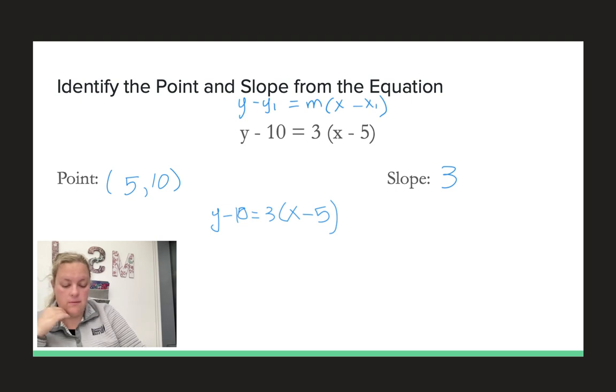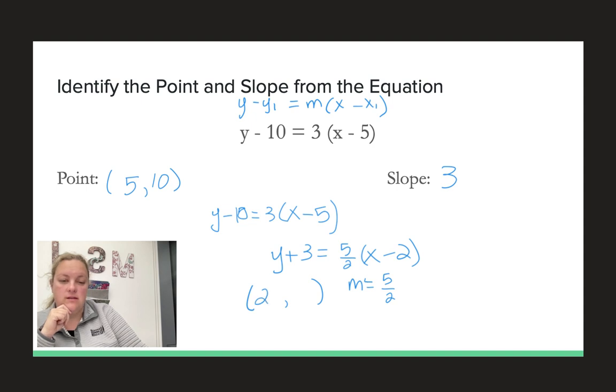And so here's an example. You don't have to write this down, but here is an example of what that might look like. y plus 3 equals 5/2 times x minus 2. Okay, so for this equation, our slope is pretty easy. It's 5/2. And the point, x1 and y1, my x1 here is going to be positive 2 because there's a minus here.